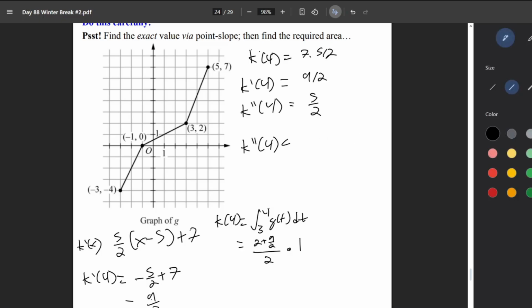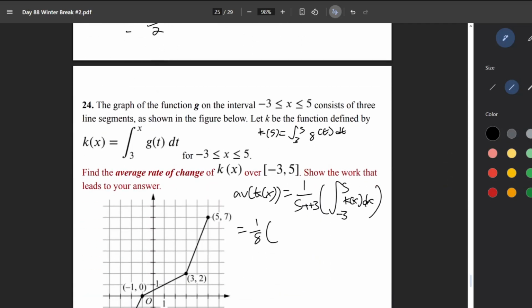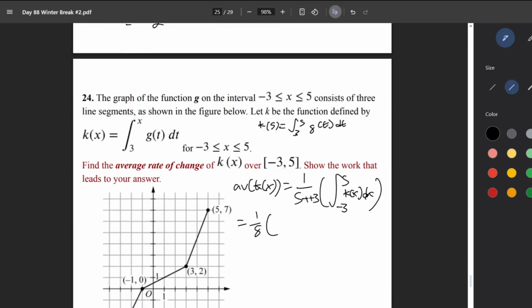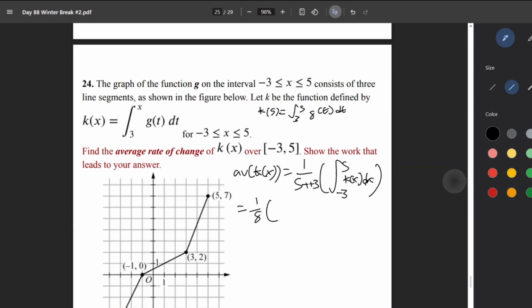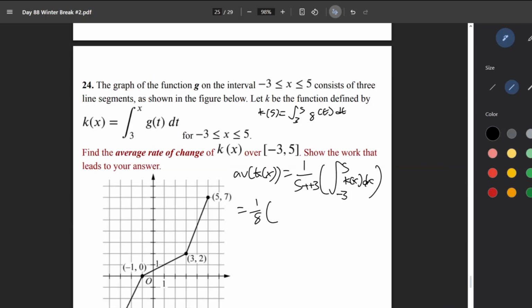Actually, it would be that k of 4 to k dash of 4. So I caught my mistake. That's not too bad. I'd rather not make the mistake, but it is what it is. So it would be 9 over 2, 9 over 2 times 2 would be 9.